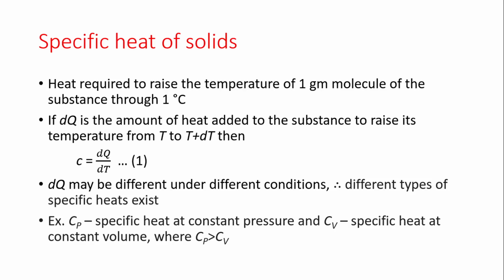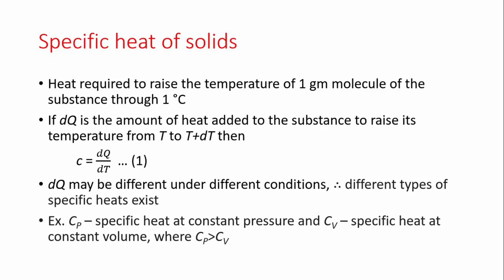Now, the important thing is that dQ, the amount of heat added, can be added under different conditions, and accordingly different types of specific heats exist. For example, if dQ is added under the condition that pressure remains constant, then we obtain the specific heat at constant pressure.